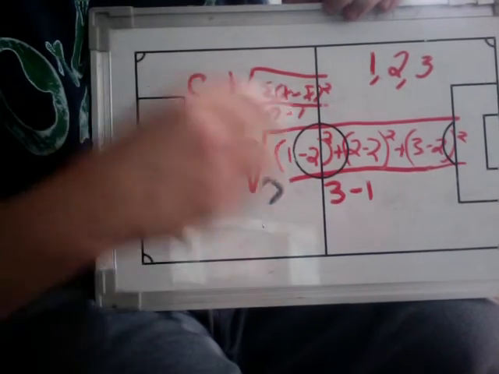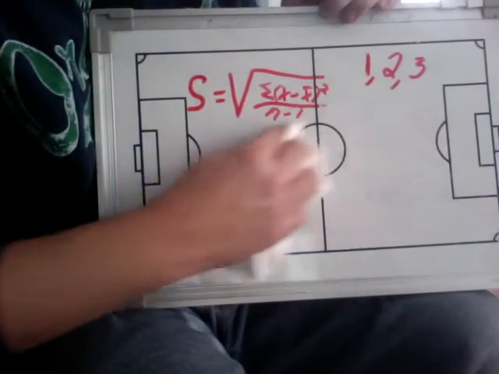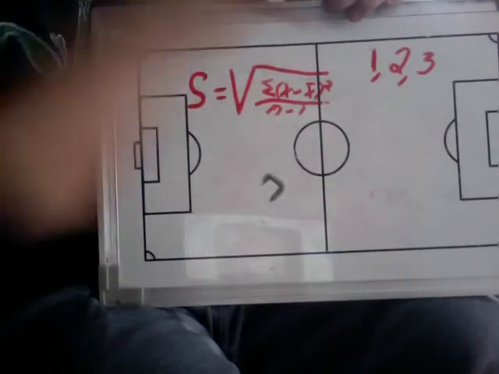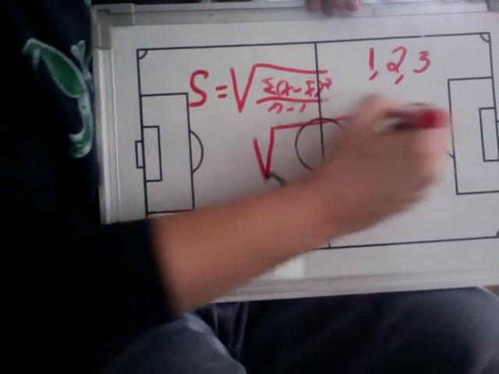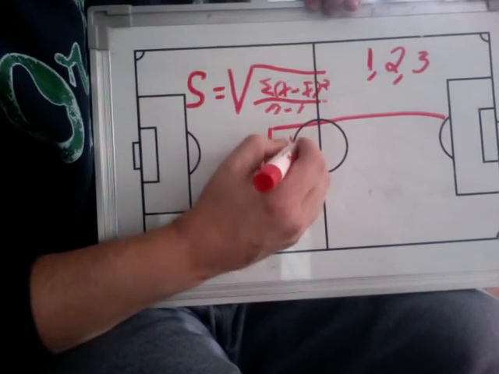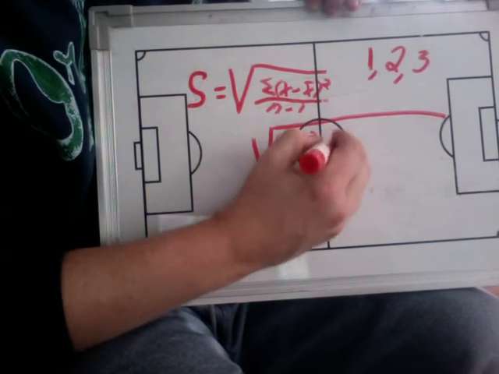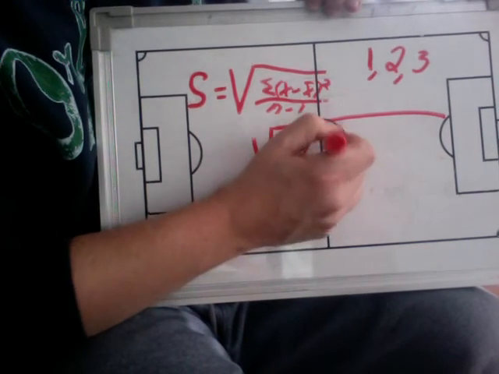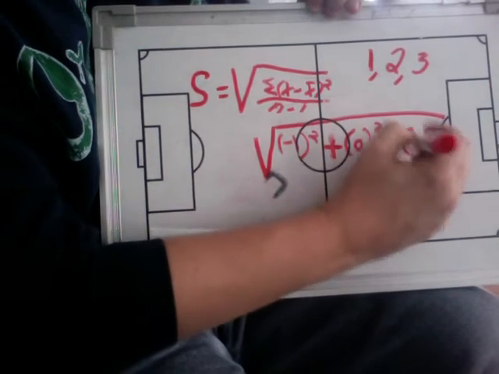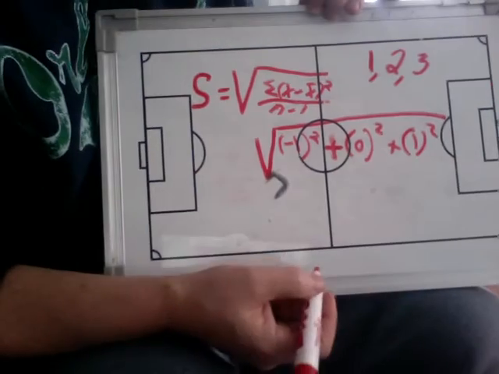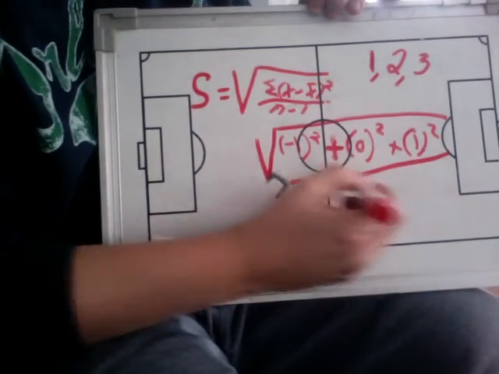What this will change to then is the next step mathematically will be the square root of negative 1 squared plus 0 squared plus 1 squared, and that's all over 2.